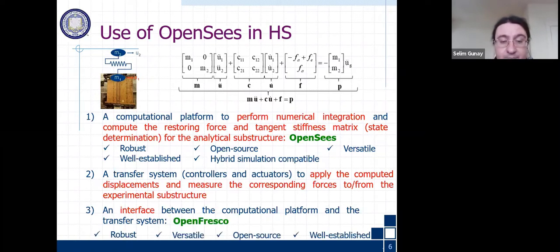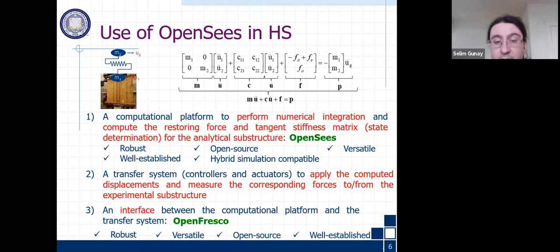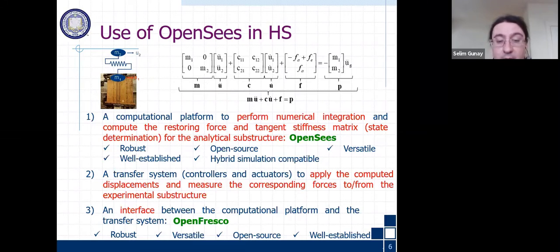And just to mention the interface, we use OpenFresco together with OpenSees in hybrid simulation. OpenFresco is quite similar to OpenSees in the sense that it's also object-oriented and open source, developed by Professor Mahin and Andreas Schellenberg, also from UC Berkeley.